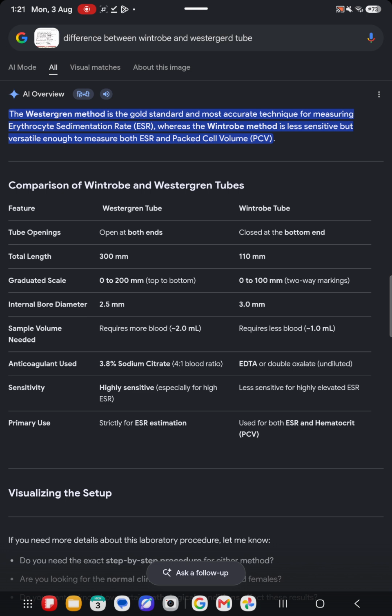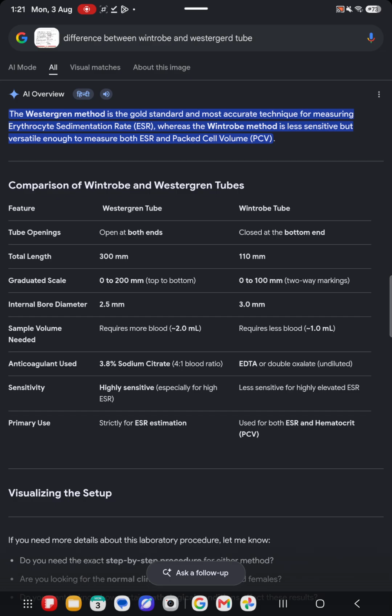So Wintrobe tube is used for both ESR and packed cell volume, whereas Westergren tube is used strictly for ESR.